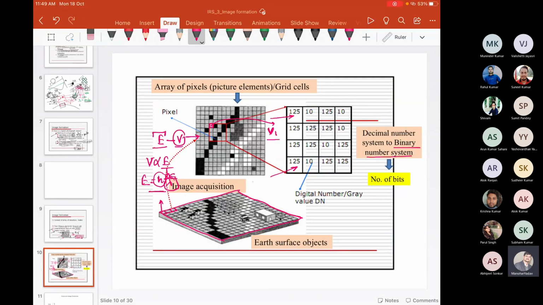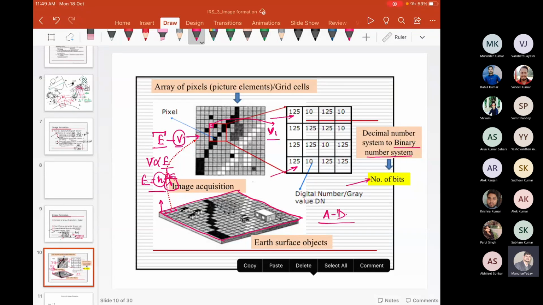To understand the conversion between decimal and binary number systems, we need to know how many bits are required. After this slide, I will discuss analog to digital conversion.